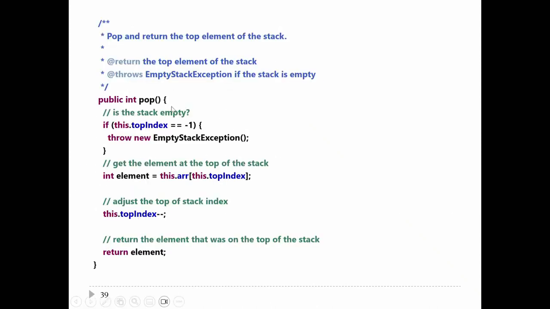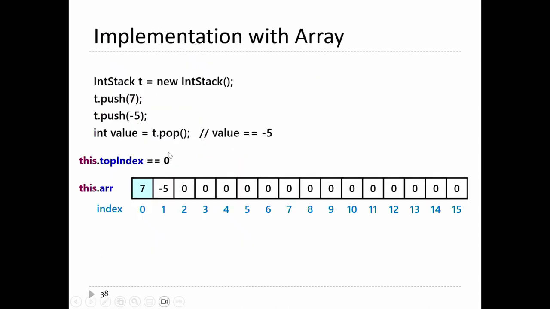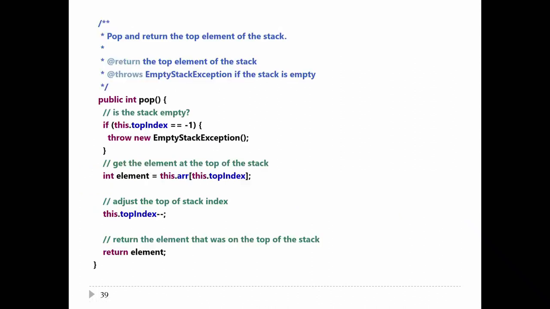Okay, what about pop? For the pop method, remember what we're going to do. We push the 7 and the -5 onto the stack. We're going to remember the value -5, which is the value at the current top index, and make the top index go down by 1.